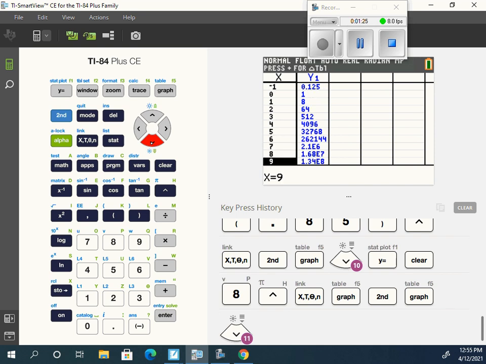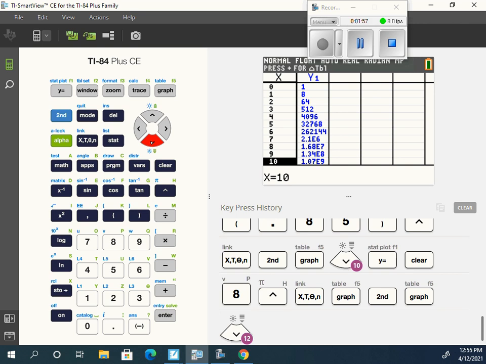By the 10th number, we have 8 to the 9th, which is about 1,070,000. So by the time we get x equals 10, we've already hit the millions. That's why they call this exponential growth.